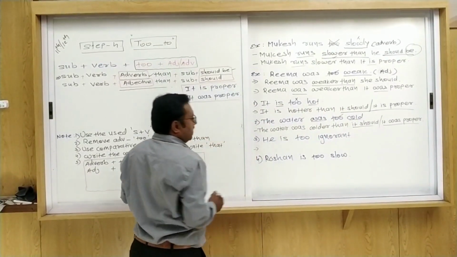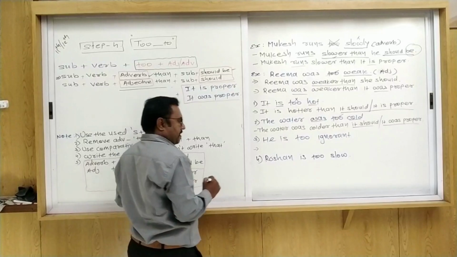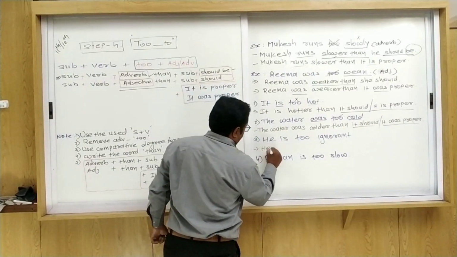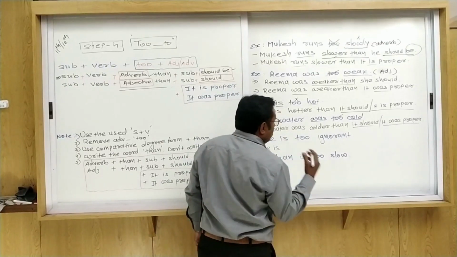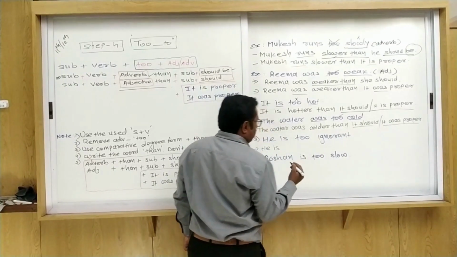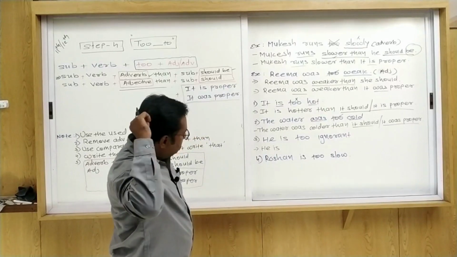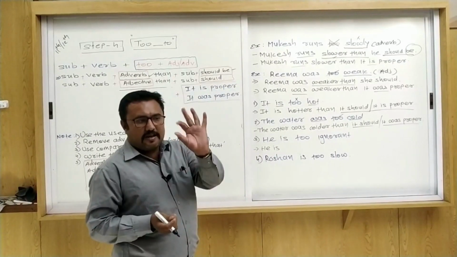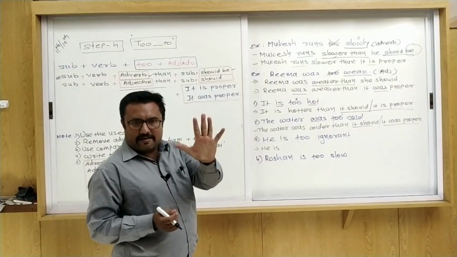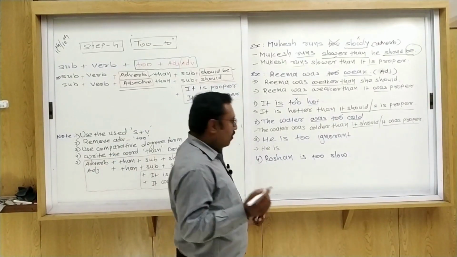Now third one, he is too ignorant. So he is ignorant. I think there are more than three syllables in this word. Ignorant. So we use "more" here.